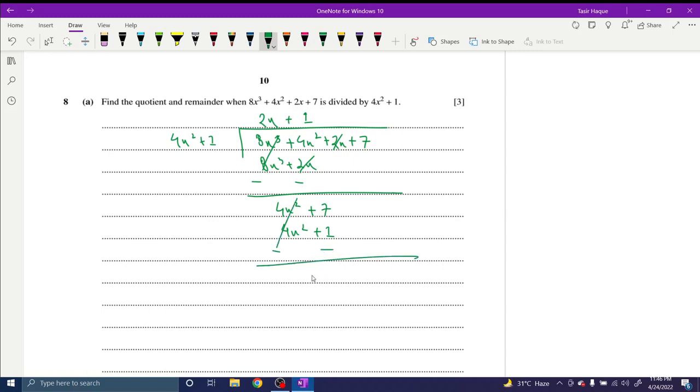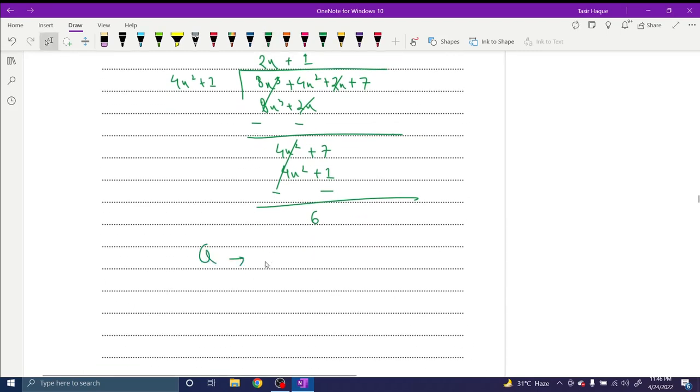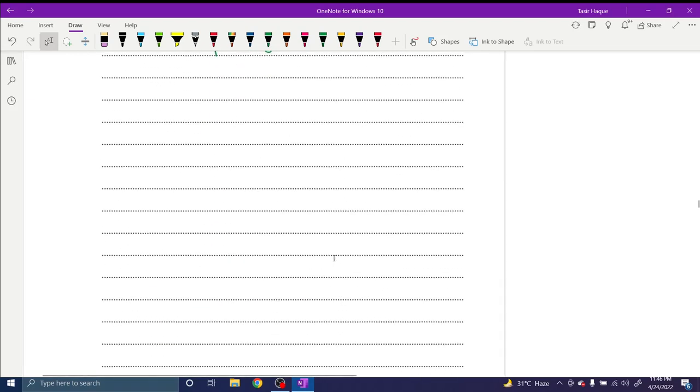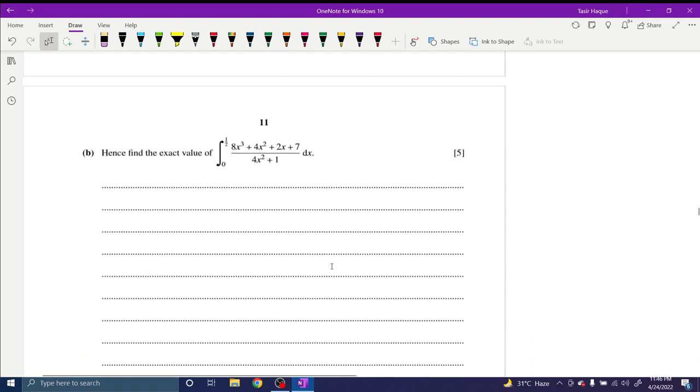We just end up with 6, right? So our quotient is 2x plus 1 and the remainder is just 6. Okay, cool. Hence find the exact value of this. So this was a bit complicated. It was a bit more difficult comparatively.